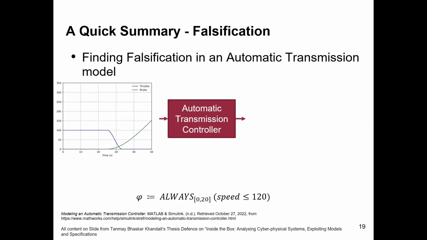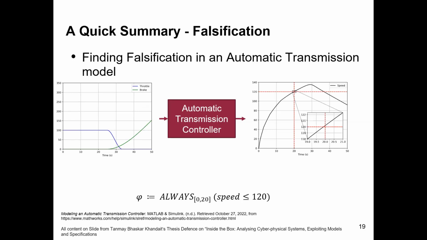Similarly, for the next input, the value slightly exceeds 120, and that's why we give it a negative robustness value. Likewise, we can conclusively see whether a system is failing or passing the test.